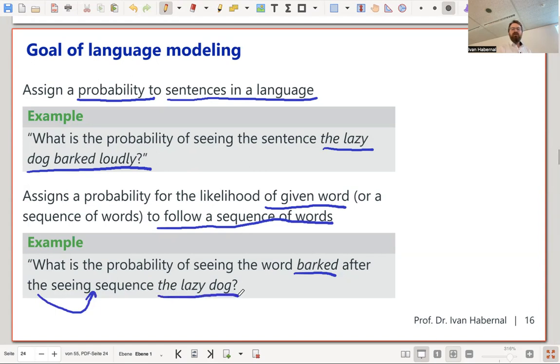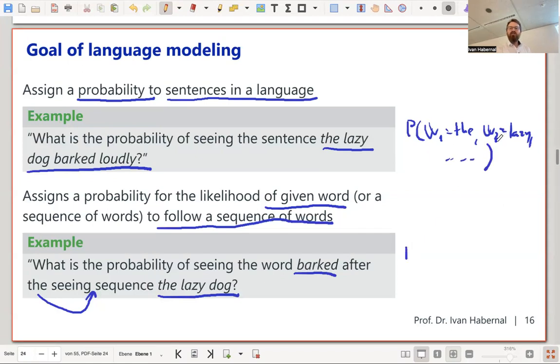So what is the difference here? Here we are asking for the joint probability of all these words. I mean, we're asking what is the probability of W1 equals the, W2 equals lazy, and so on.